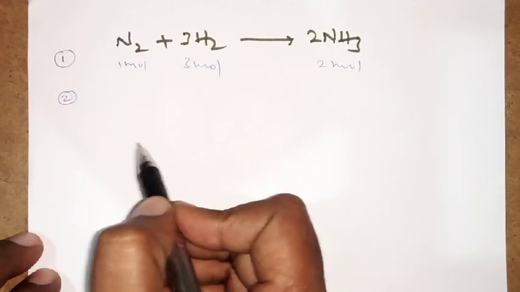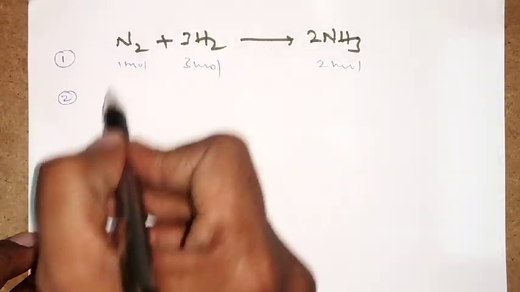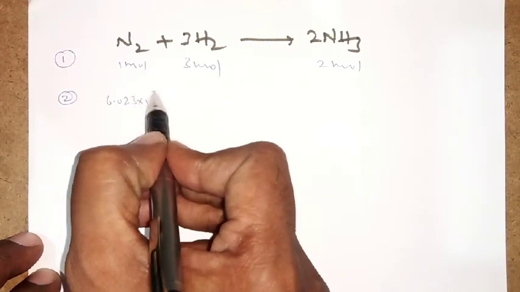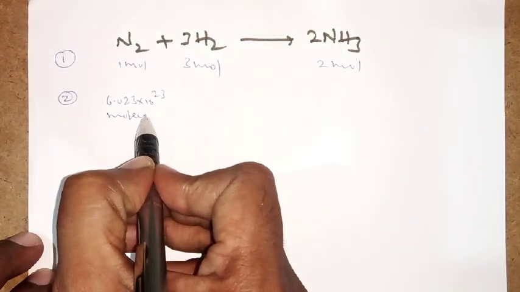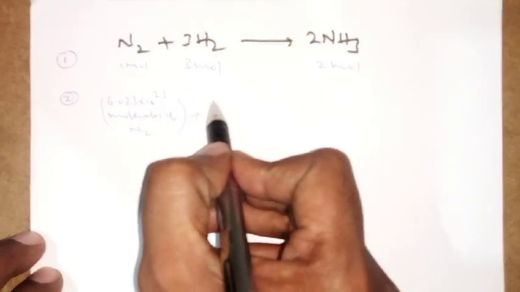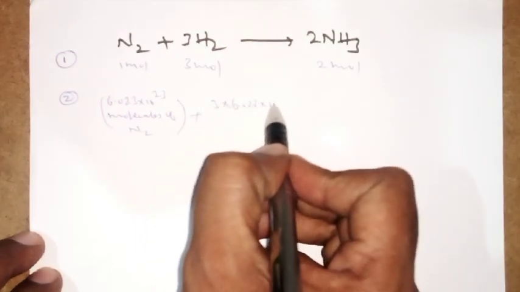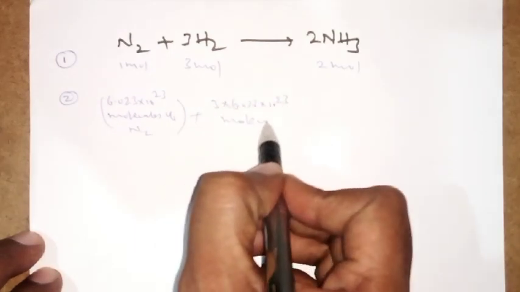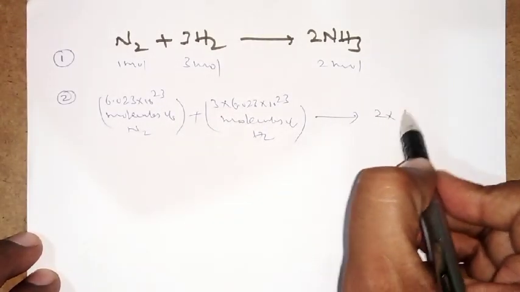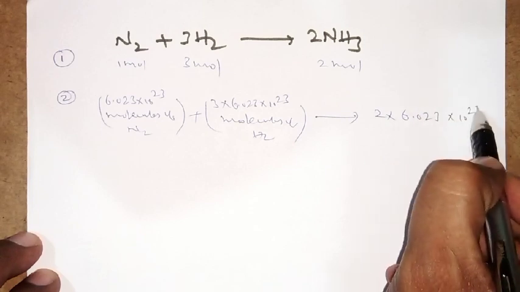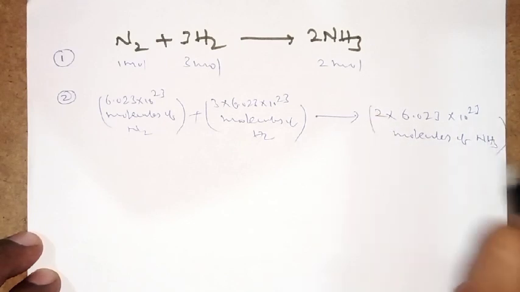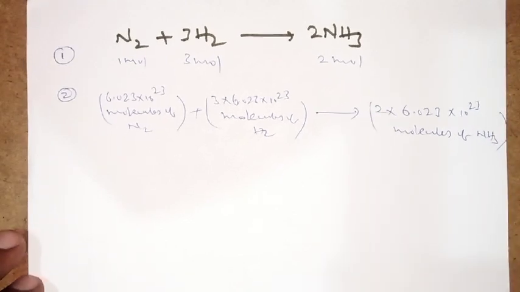Second way, what I said to you, in terms of molecules. 1 mole means 6.023 into 10 power 23 molecules of N2 reacts with 3 into 6.023 into 10 power 23 molecules of hydrogen. It gives 2 into 6.023 into 10 power 23 molecules of NH3. Is it okay? So this is the way of analysis in terms of molecules.